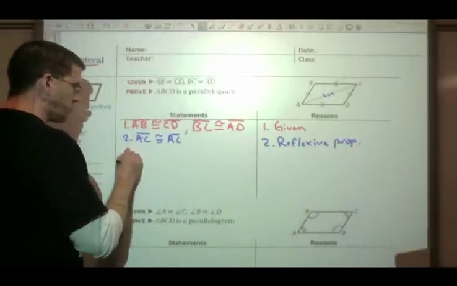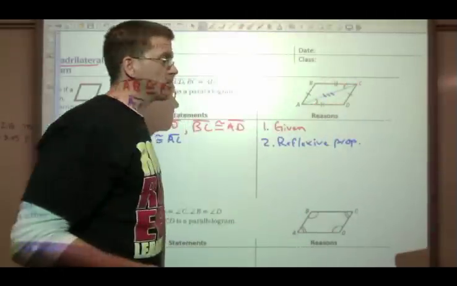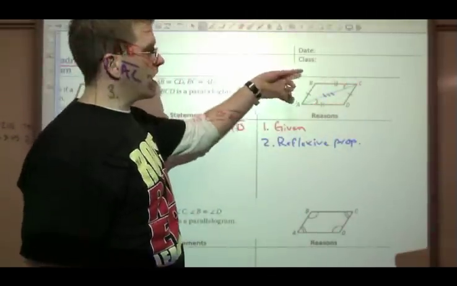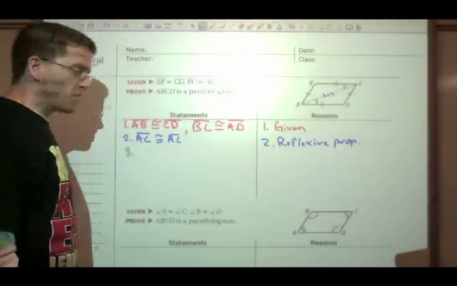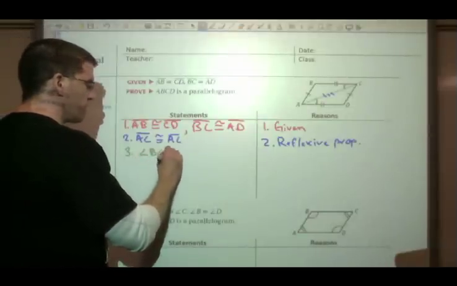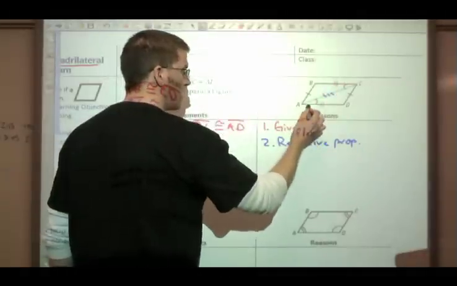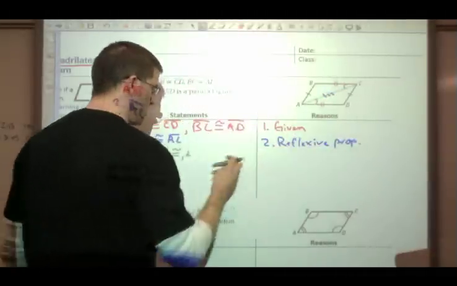Then let's go to statement number 3. Now I need to say that this angle is congruent to this one, because I need that to say that the two lines are in fact parallel. So let's go ahead and make that statement here. Angle BCA is congruent to DAC.